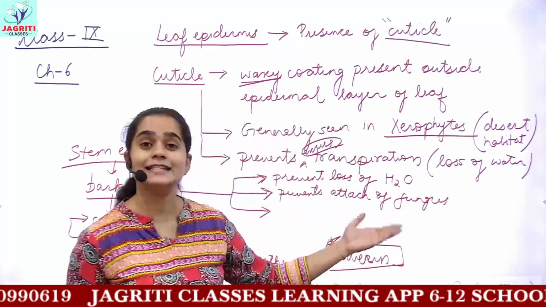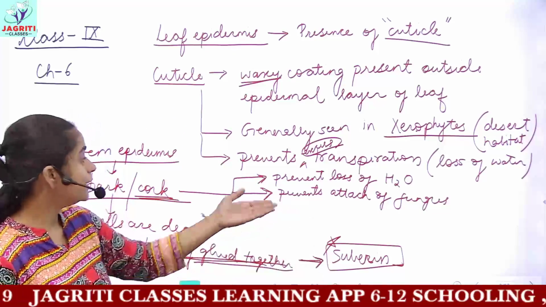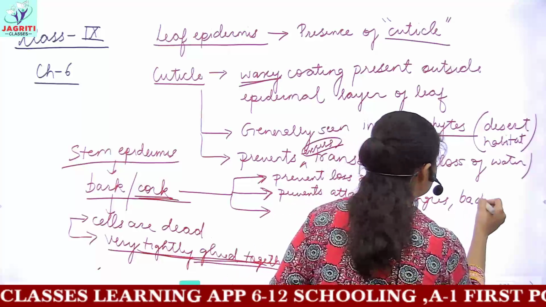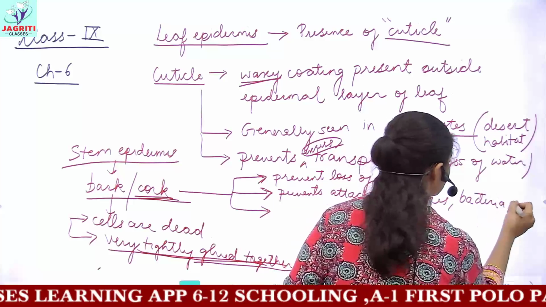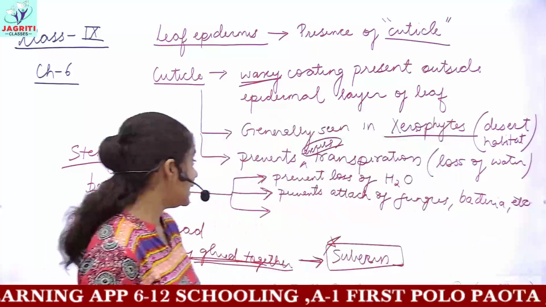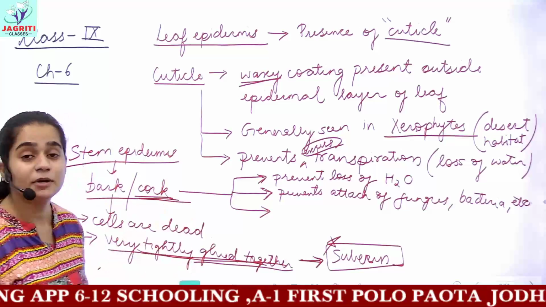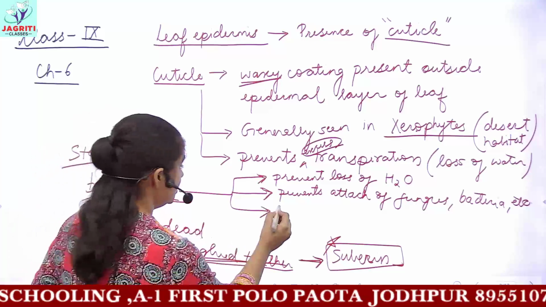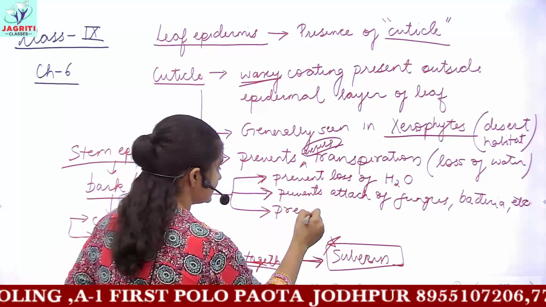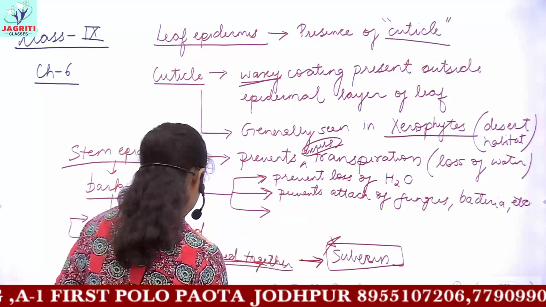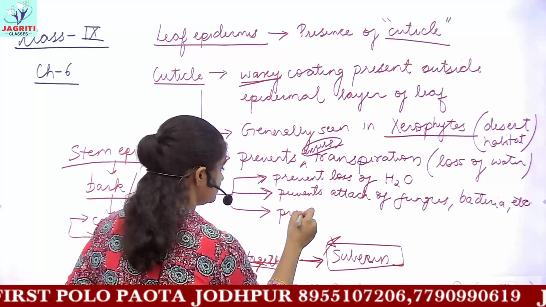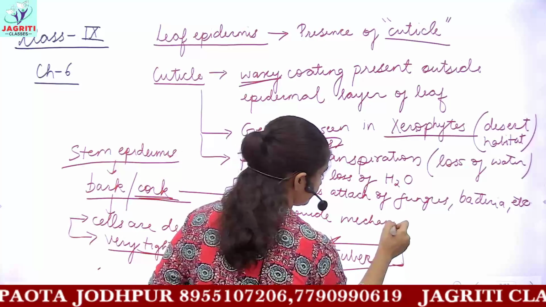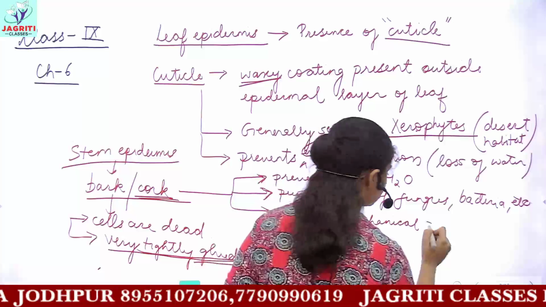Pathogens are the disease causing organisms. So it prevents the attack of fungus, or you can say the attack of bacteria on the plant. And this cork is also responsible for providing mechanical support or strength to your plant. So these cork cells provide mechanical strength to the plants.